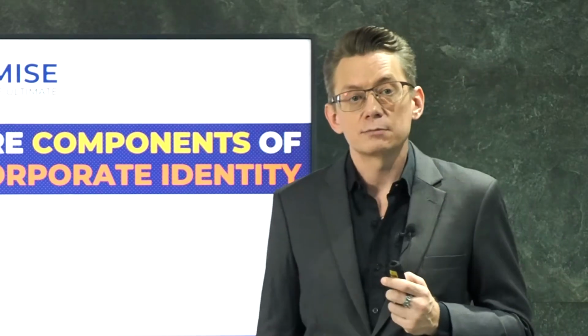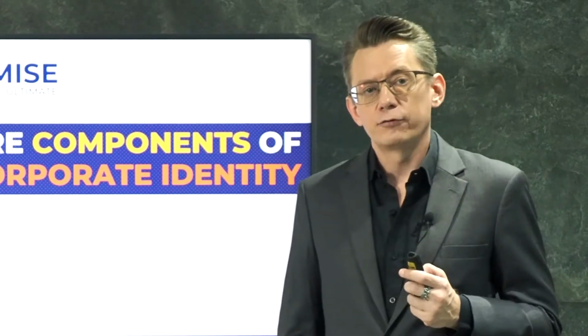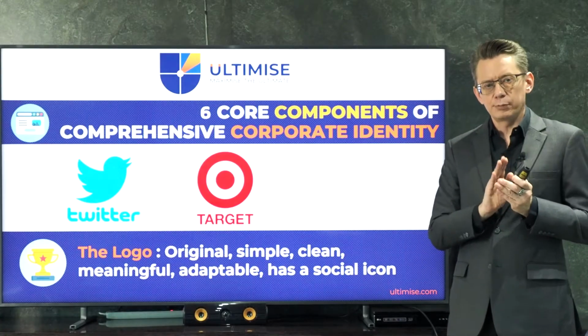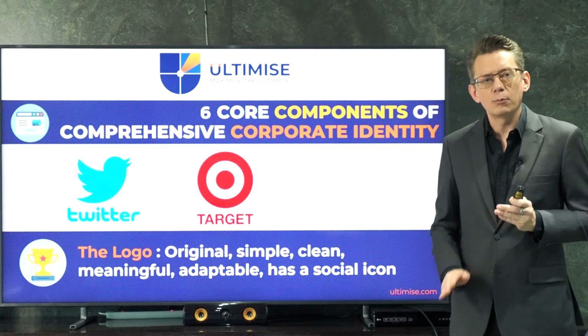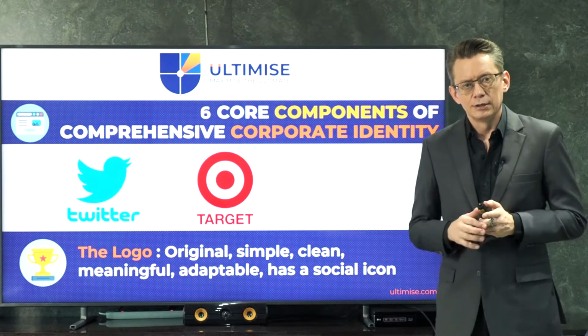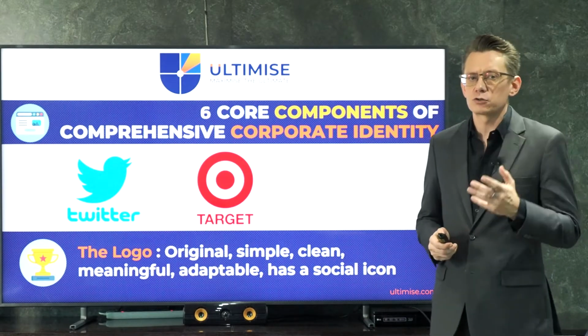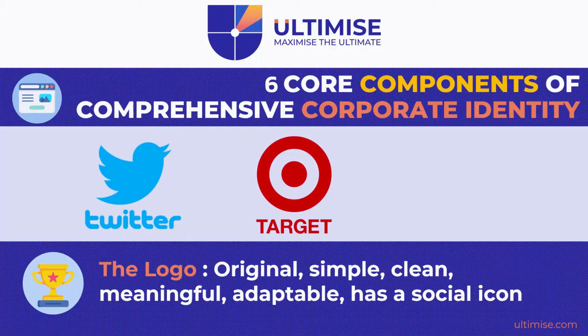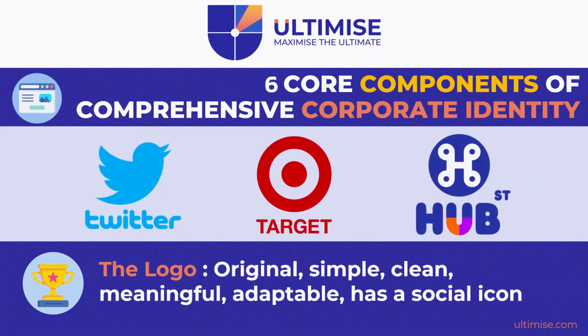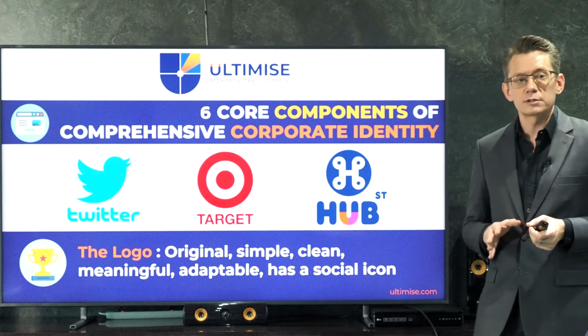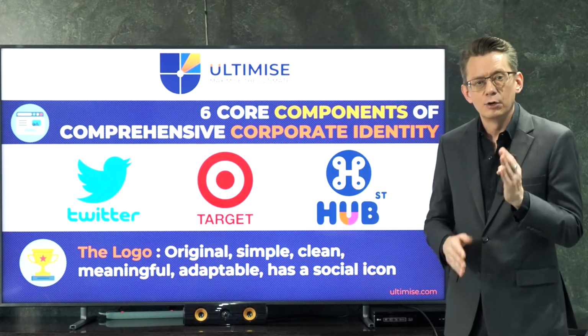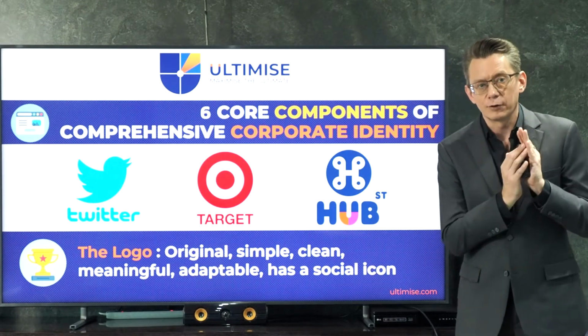Now we at Ultimise created a new brand for an on-mobile banking platform by the Lao Bank STB. We wanted to communicate something very trendy and modern and accessible in today's generation, so we called it ST Hub. Hub, of course, meaning a banking hub right in your smartphone.